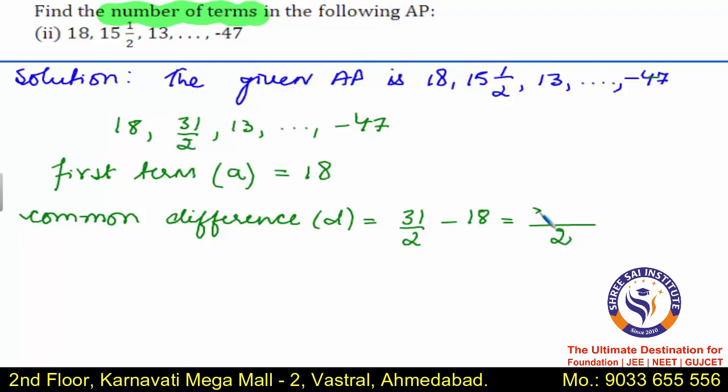Taking 2 as LCM, we have 31 minus 36 in the numerator. This gives minus 5 upon 2. Therefore, the common difference is minus 5 upon 2 and the first term is A.